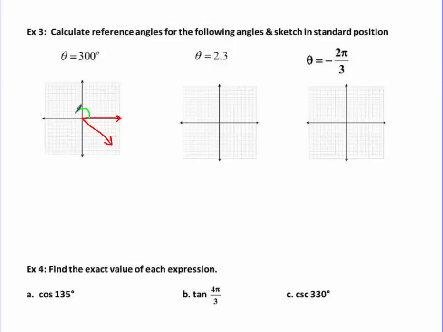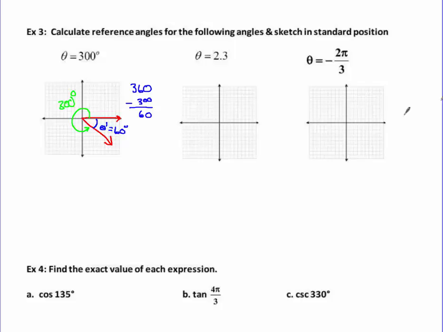So that is 300 degrees. But we want to calculate our reference angle. Our reference angle is this angle. It's pretty easy. We just do 360 minus 300, 60. So theta prime equals 60 degrees.